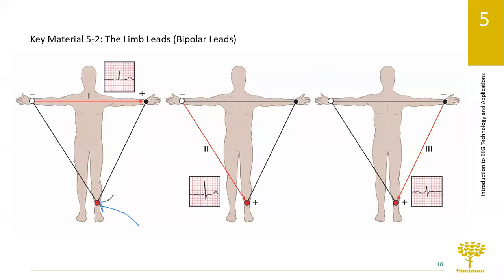So 2, 3 and AVF are in this leg, and then 1 and AVL are out here on this hand. And they're able to share this lead. So if you want to look at lead 2, it'll change the negative electrode to here, so the eyeball looks this way. If we want to look at lead 1, it would just look up this way.